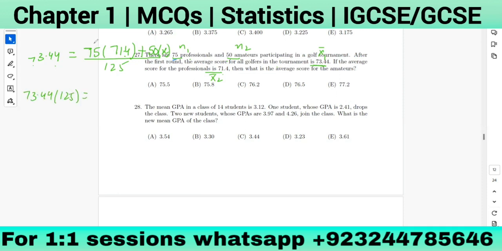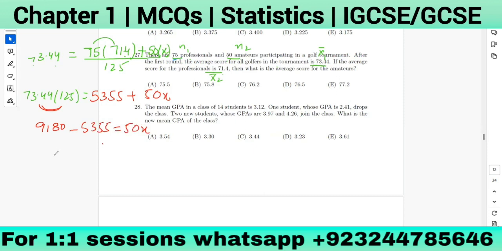What is the answer of 75 into 71.4? 5355. 5355 plus 50x. What is the answer of this one? 9180. And this is going to subtract 5355, which is equal to 50x.